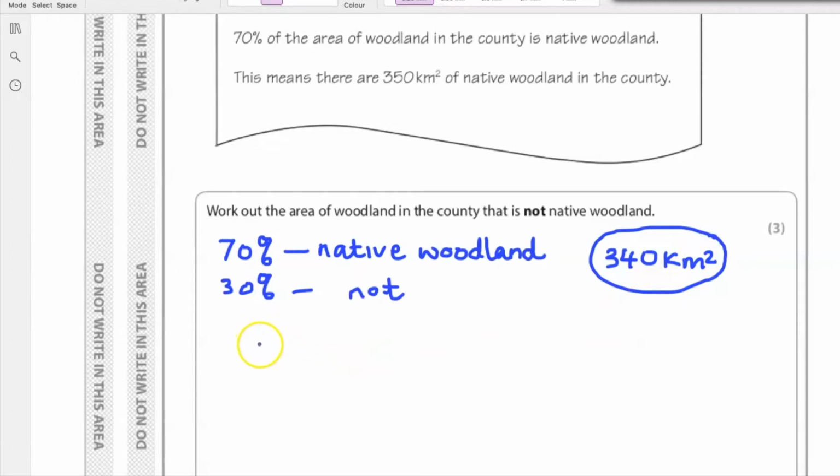What we first of all need to do is to find 1% of the total area.